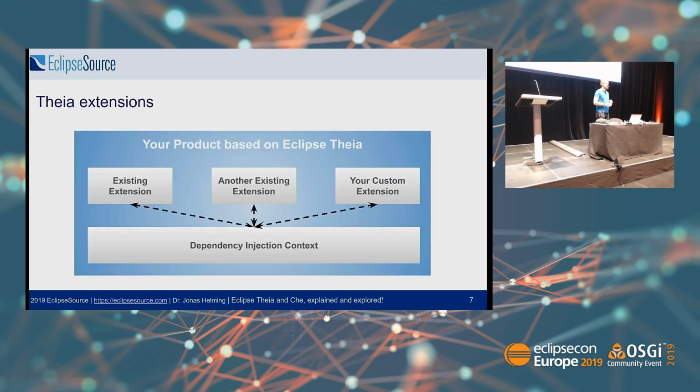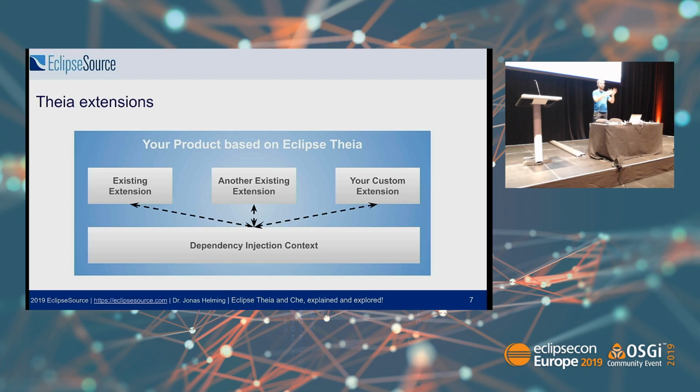Talking about extensions, there are actually two mechanisms to extend Theia. One is what I already mentioned, the extension mechanism. In fact, every Eclipse Theia application or product consists of a number of extensions. Just like an OSGi application is a number of bundles, this is exactly the same for Theia. And you can slice and dice them as you like.